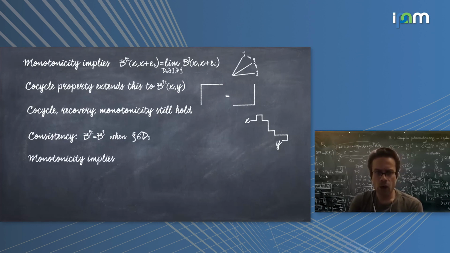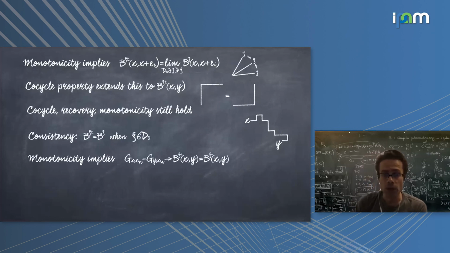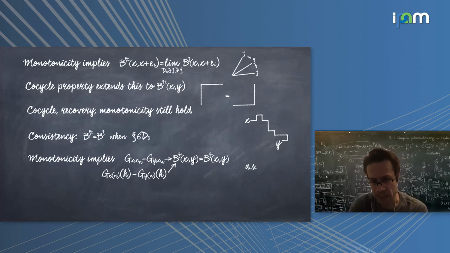Okay, so now using the monotonicity, you can couple the point-to-line and point-to-point Busemanns with this limiting object that we just created. And you can prove that if the direction is nice, and I'll explain what nice means in just a moment, then there's no need for distinguishing the plus and minus.